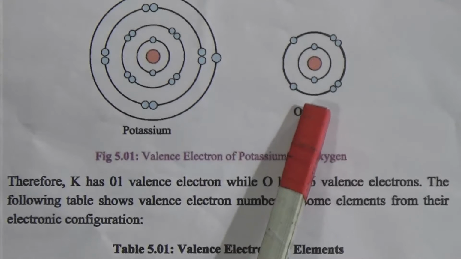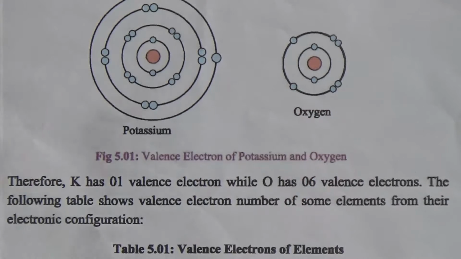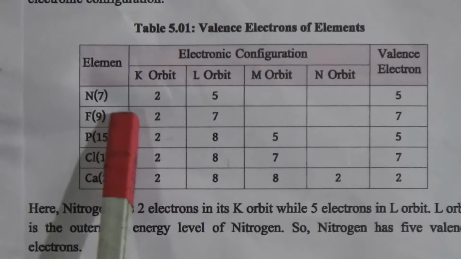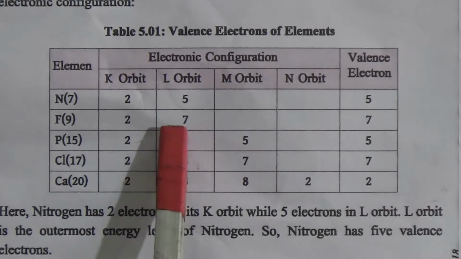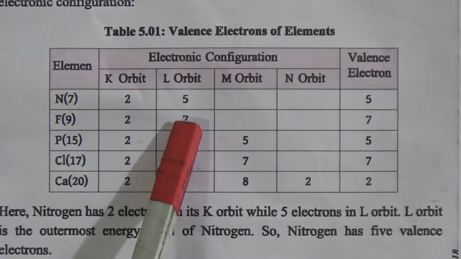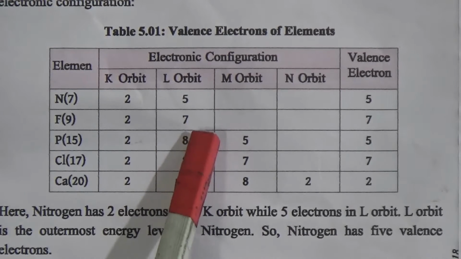So the valence electron number of oxygen is 6. In this way, the nitrogen valence electron will be 5 because the last orbital of nitrogen has 5 electrons. The fluorine valence electron number will be 7 because in the outermost principal energy level it has 7 electrons.